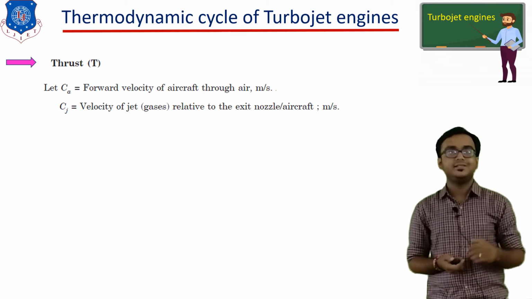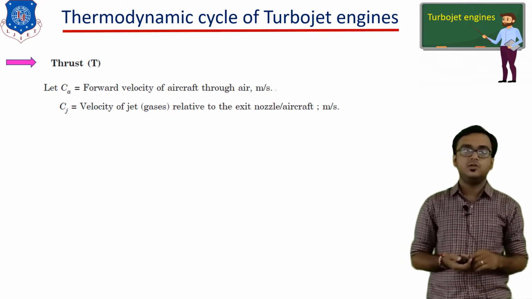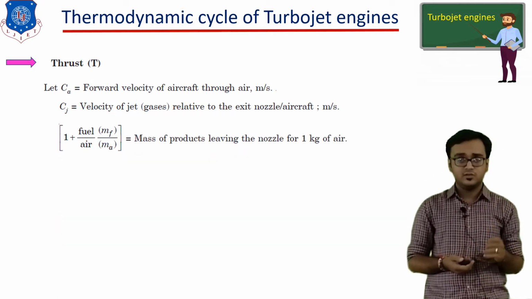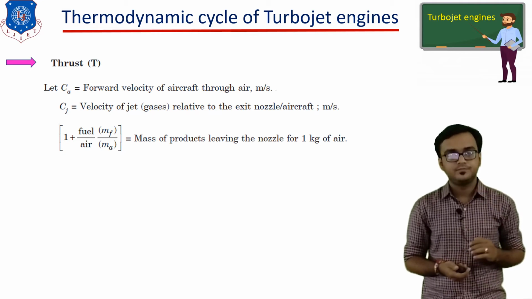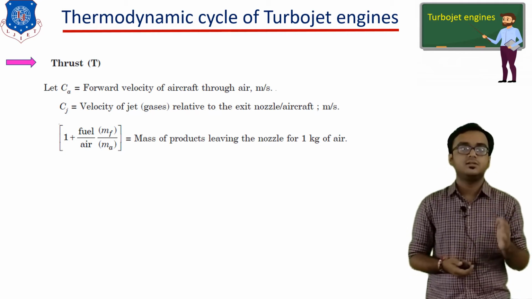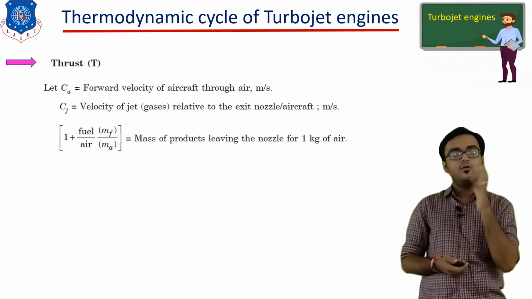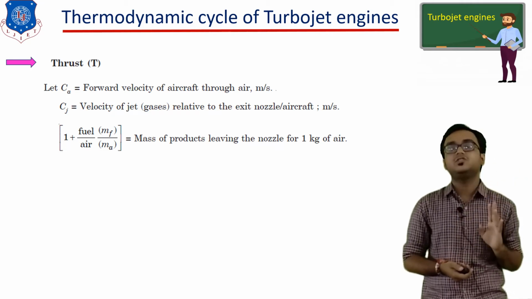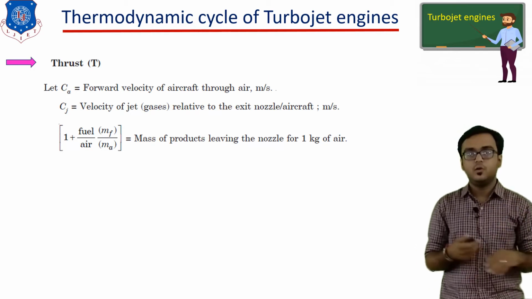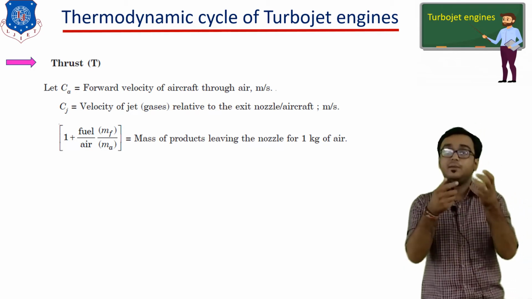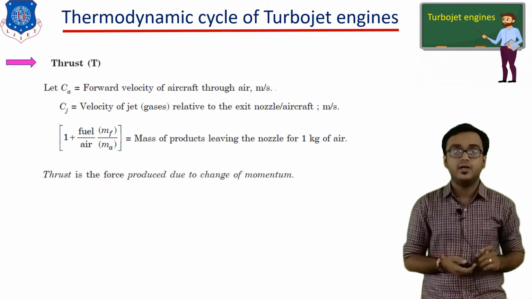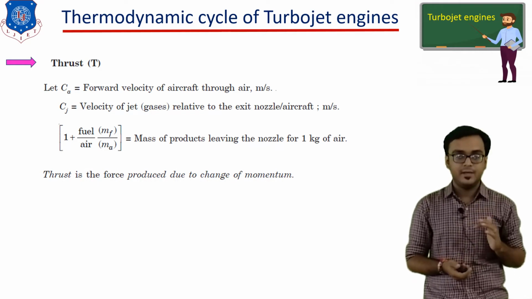So let's see, here Ca is the forward velocity of the aircraft, while Cj is the velocity of the jet, while 1 plus Mf by Ma is the mass of product leaving at the outlet for 1 kg of air. Because we know at the outlet we have total mass Ma plus Mf, but for 1 kg of air it is 1 plus Mf by Ma.